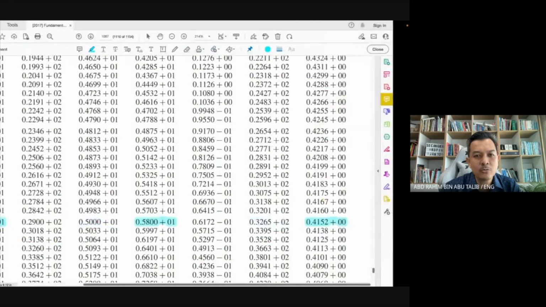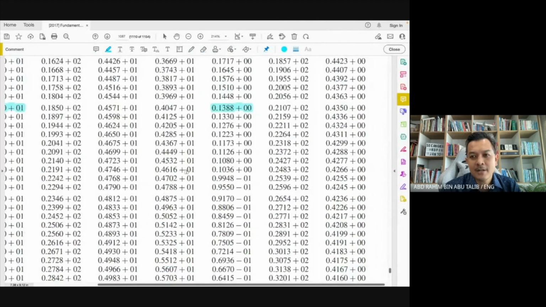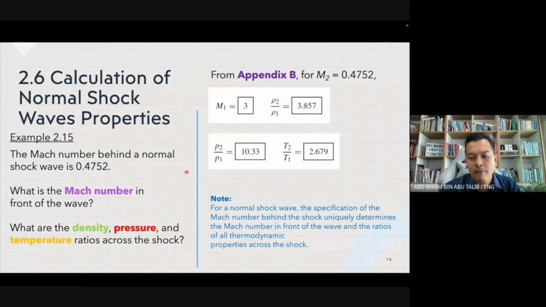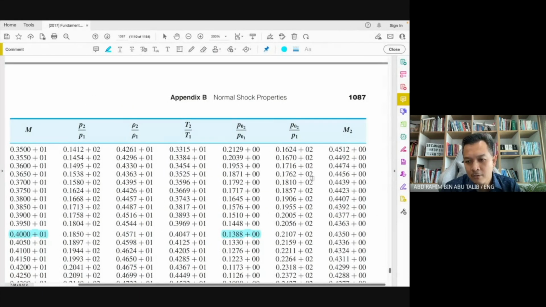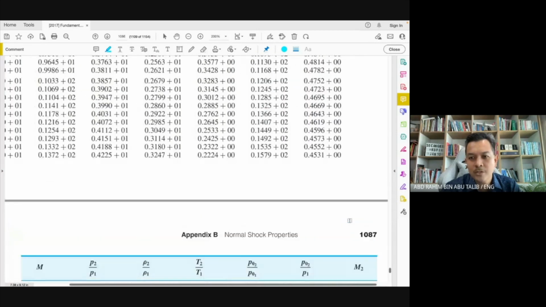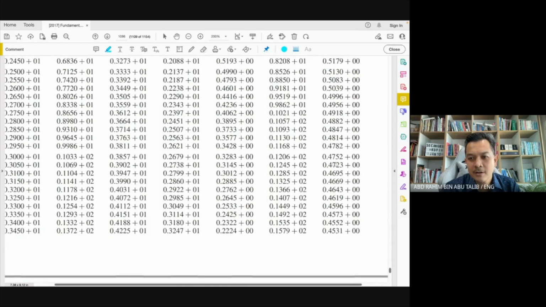Let us go into the table. Okay, we find 0.4752, which is this one, right?